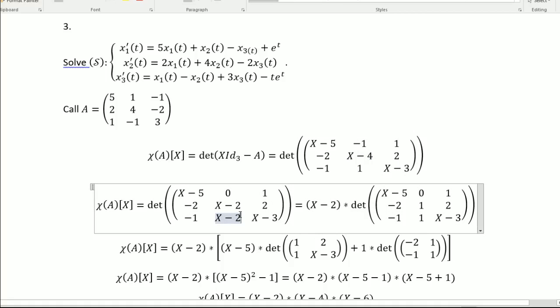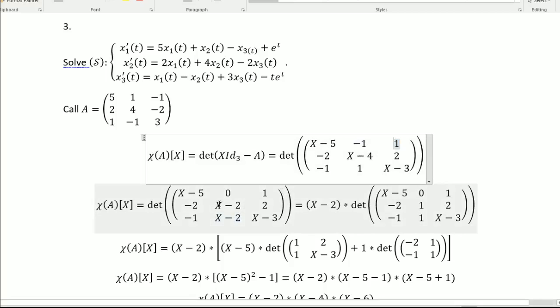To do this operation, you actually have to know how to spot it. Sometimes you will not see that there is a -1 and a 1, and then that you get x minus 2.